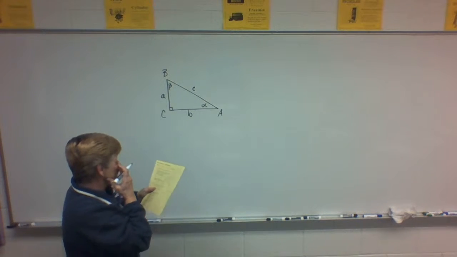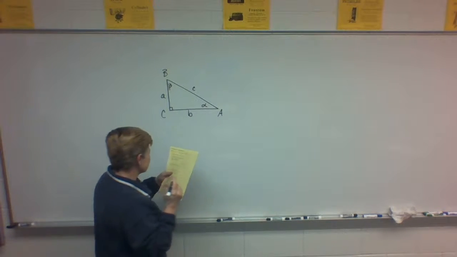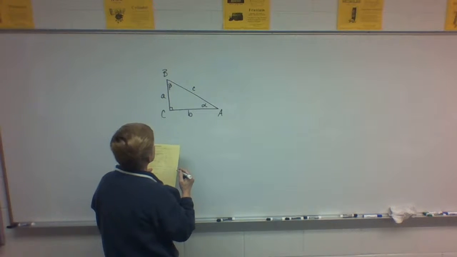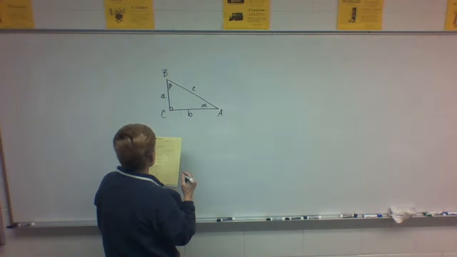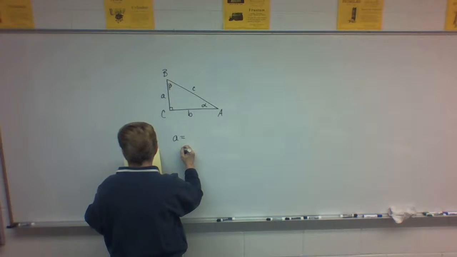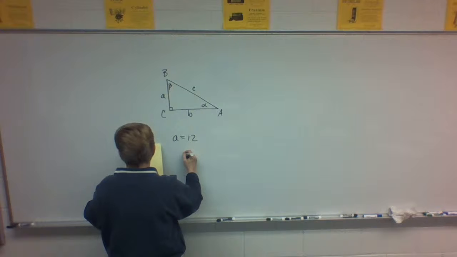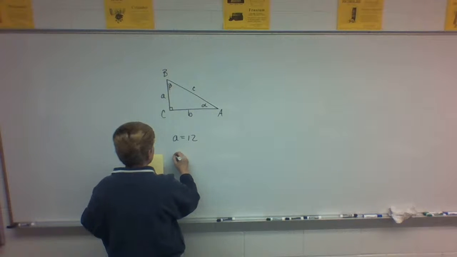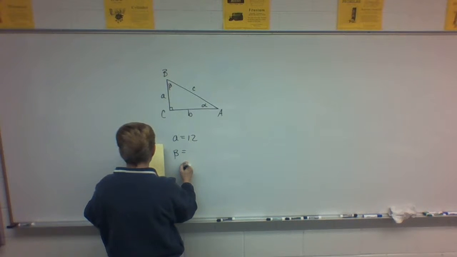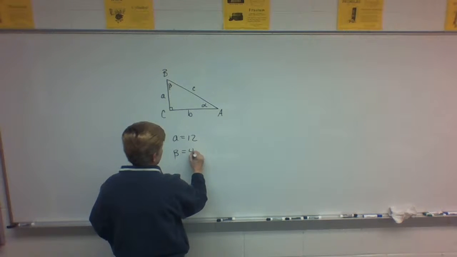And then it says, solve triangle ABC, capital ABC, for the unknown parts if, and I'll give you a combination that will work out here: if a is 12 and beta is 49 degrees.